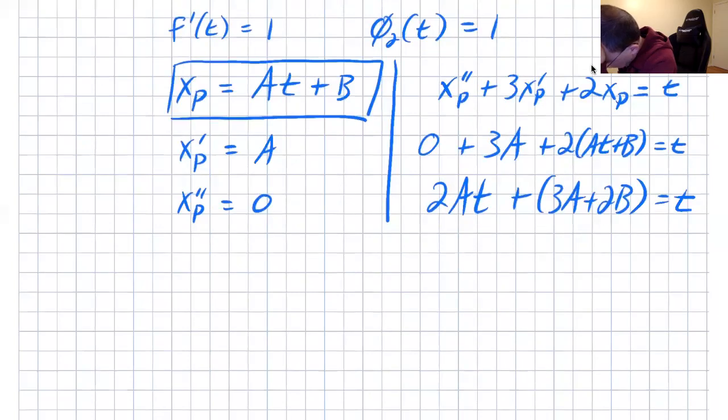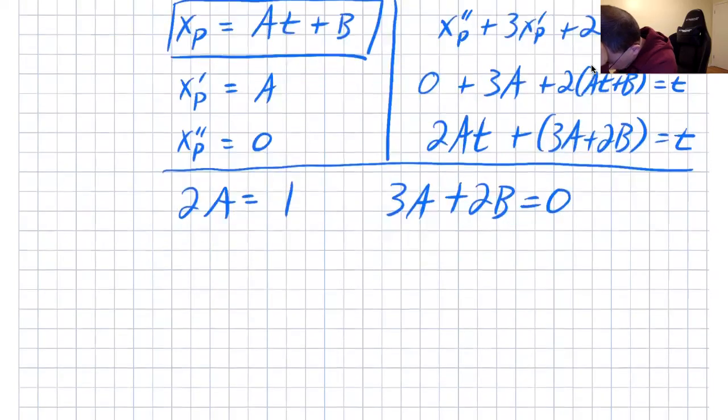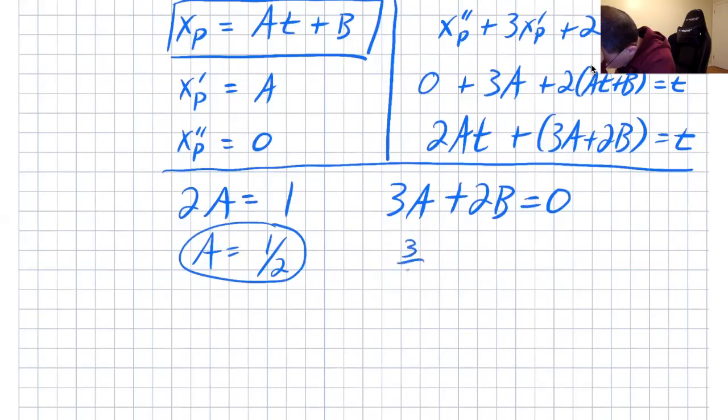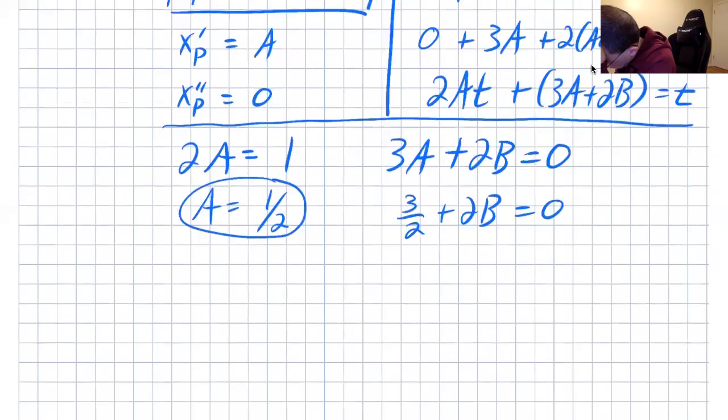That means 2a is equal to 1, and 3a plus 2b is equal to 0. So a is equal to 1 over 2, and that means we get 3 over 2 plus 2b equals 0, and that gives us b is equal to -3 over 4.